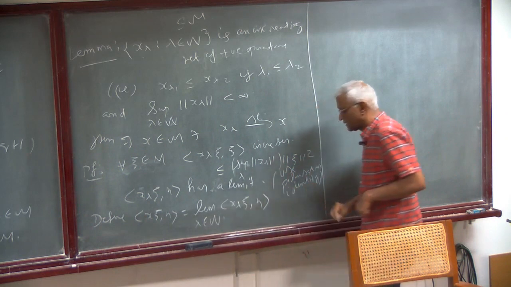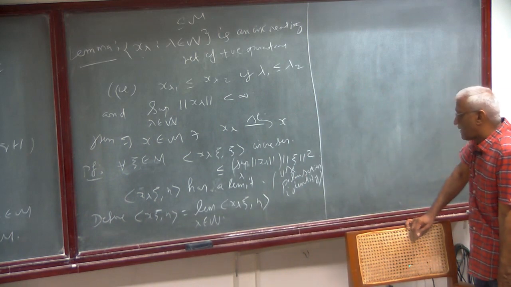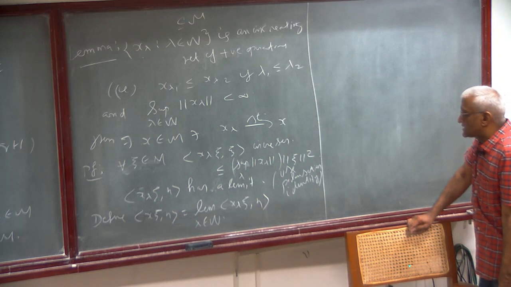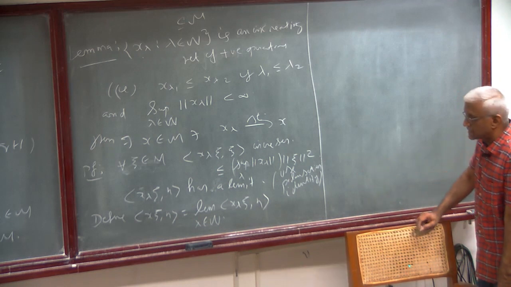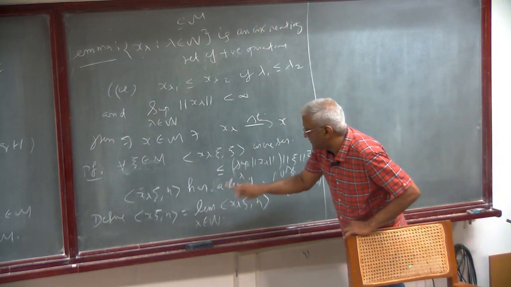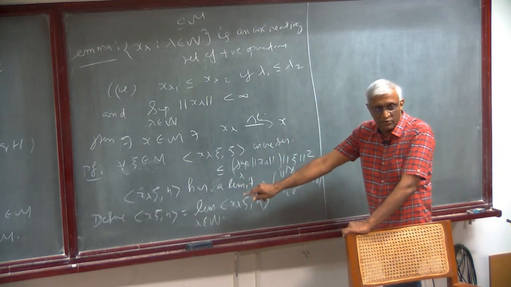Now this is bounded by the supremum of the norms times norm xi, norm eta, because it's defined through the limit.